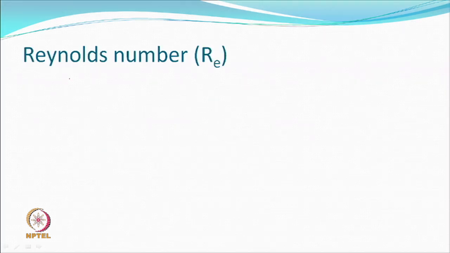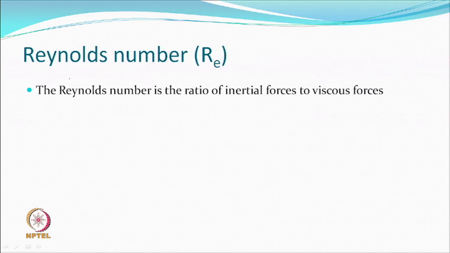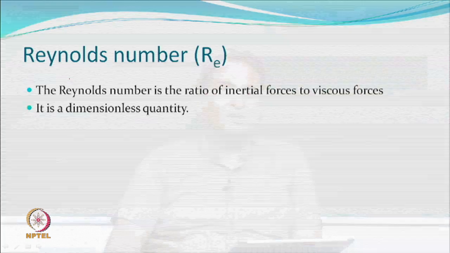The other is the Reynolds number, which is again to do with the velocity. So, this is inertial forces versus viscous forces. It is a ratio approximately of the inertial forces and viscous forces. It is also a dimensionless quantity.